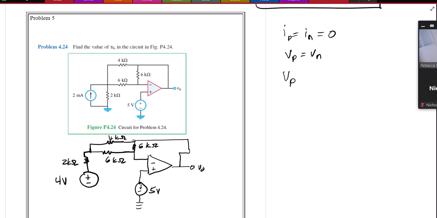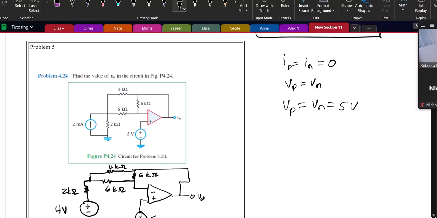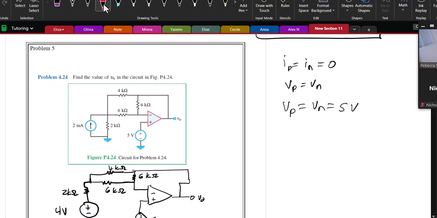So I know VP equals VN equals 5 volts. So I know right away that this is 5 volts here and 5 volts here.